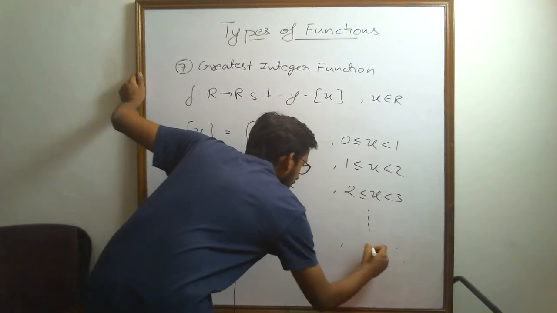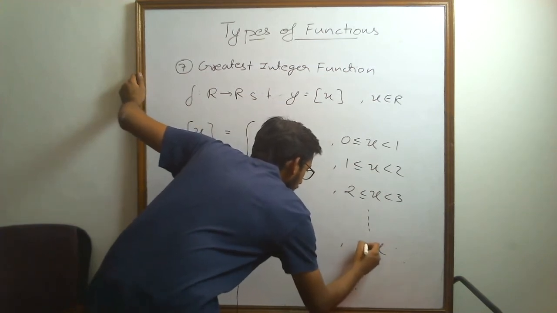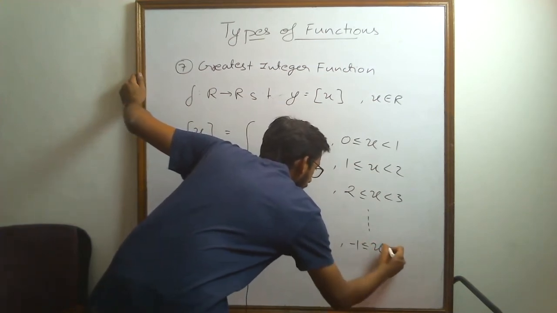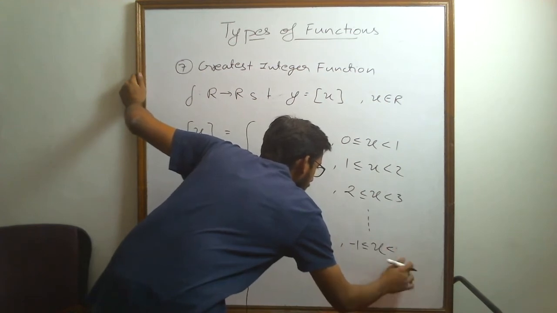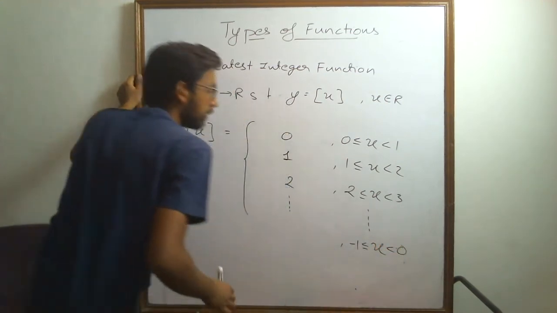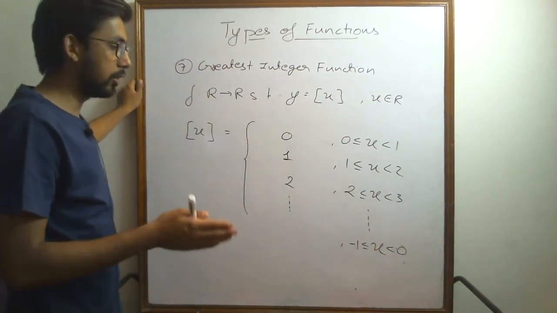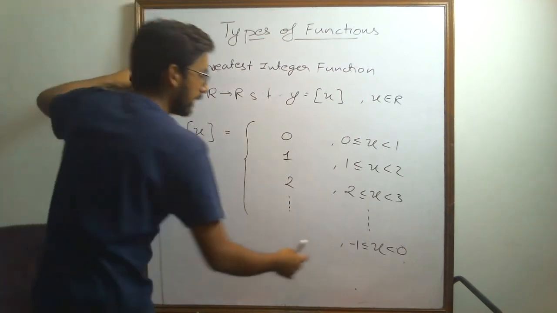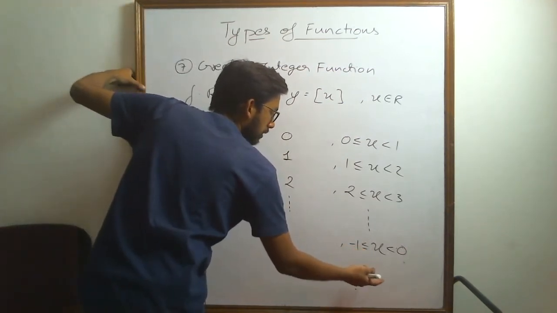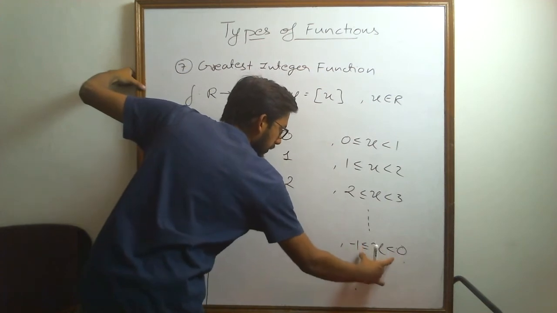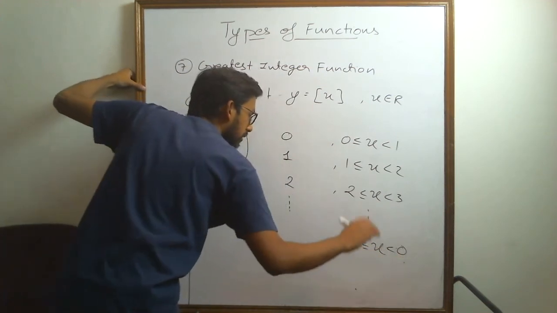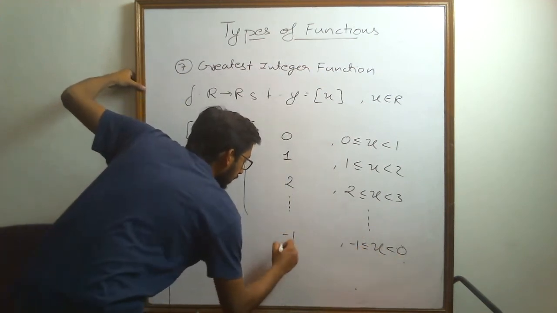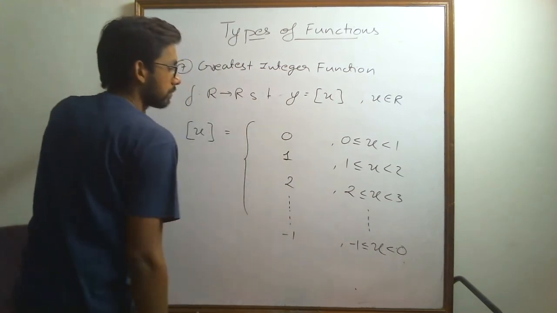Let's take the interval where x is greater than or equal to -1 and less than 0. In this interval, the greatest integer less than or equal to x: when x is -1, the greatest integer is -1. When x is between -1 and 0, the greatest integer is still -1. So in this case, it will be -1.